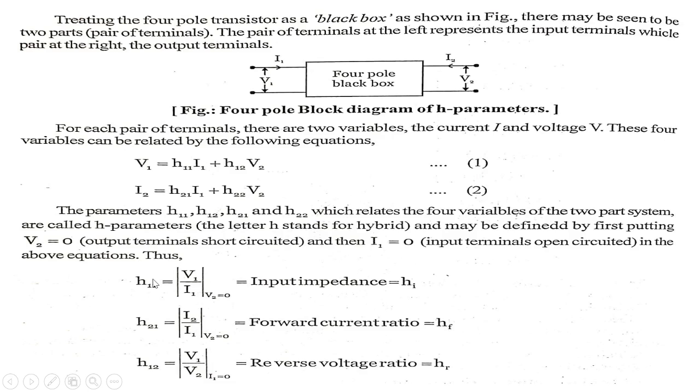In the above equation, we get H11 equal to V1 upon I1 when V2 equal to 0, input impedance equal to HI, and H21 equal to I2 upon I1 when V2 equal to 0, which is the forward current ratio, equal to HF. H12 equal to V1 upon V2 when I1 equal to 0, and that is the reverse voltage ratio, equal to HR.